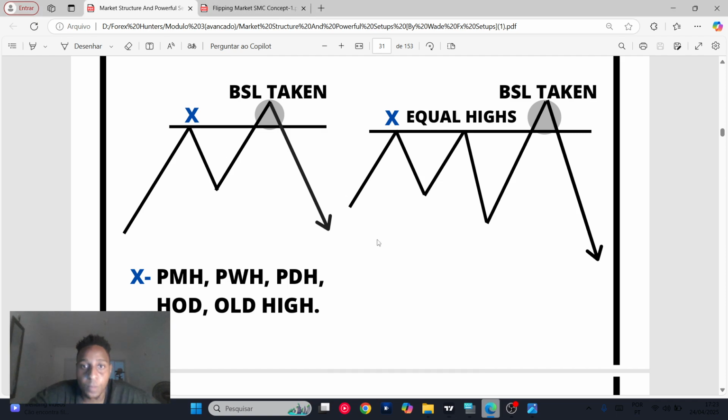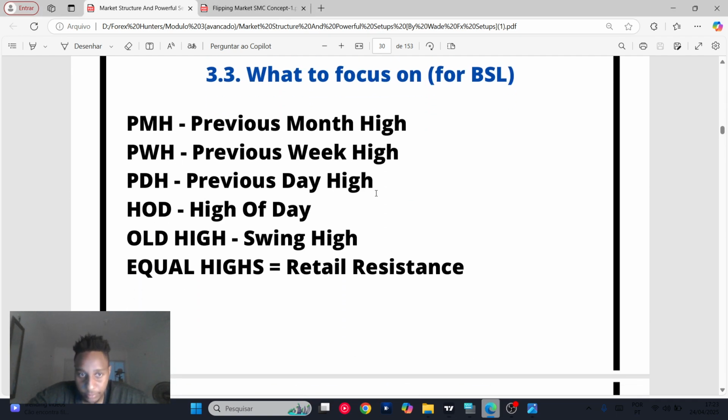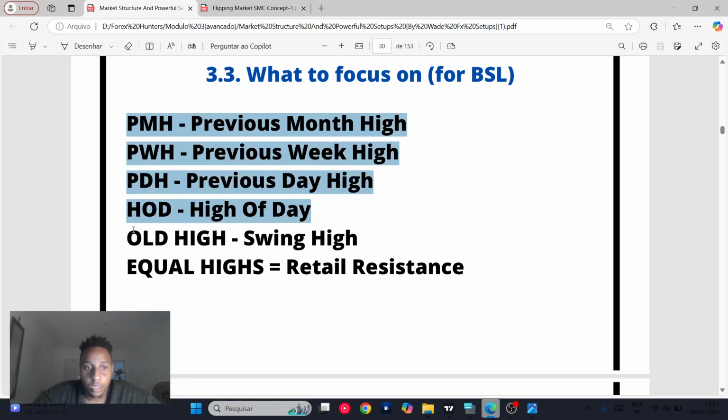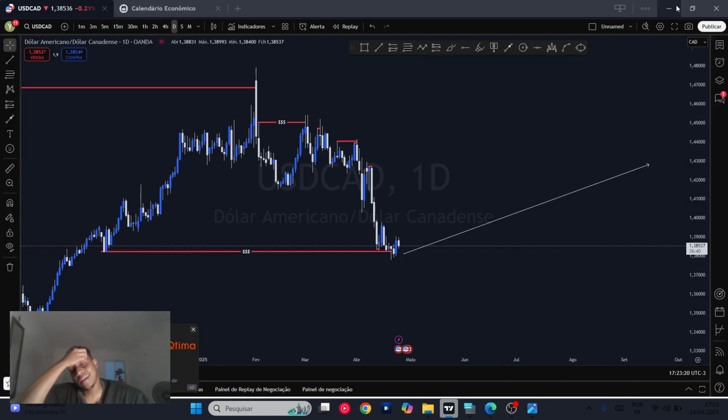So we already covered all of these: highs, high of the day, all of these four things right here we covered. And now also equal highs we covered. Now we need to tell you how to adapt liquidity into our strategy. So guys, you know the basis, right?